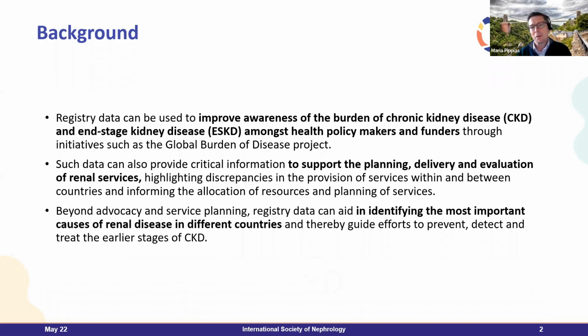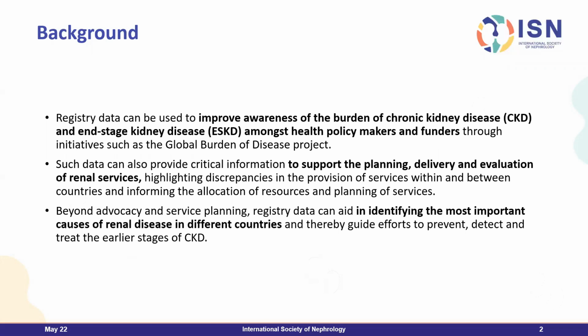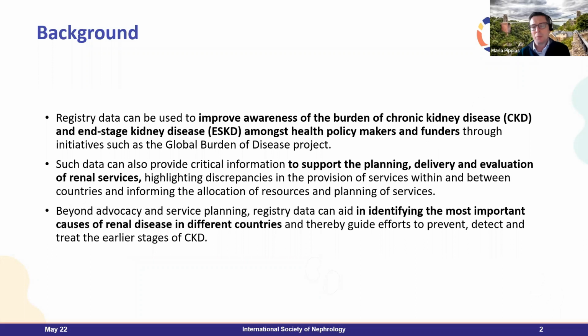And the other way around, when you've got registry data, this was certainly the case in the UK, it was very powerful for identifying areas of reduced access to treatment and planning of new dialysis units and services. And so it was a very powerful tool for service planning.